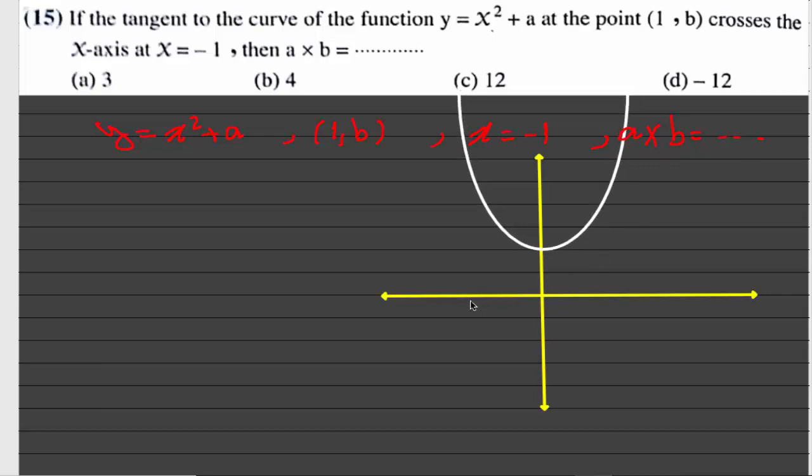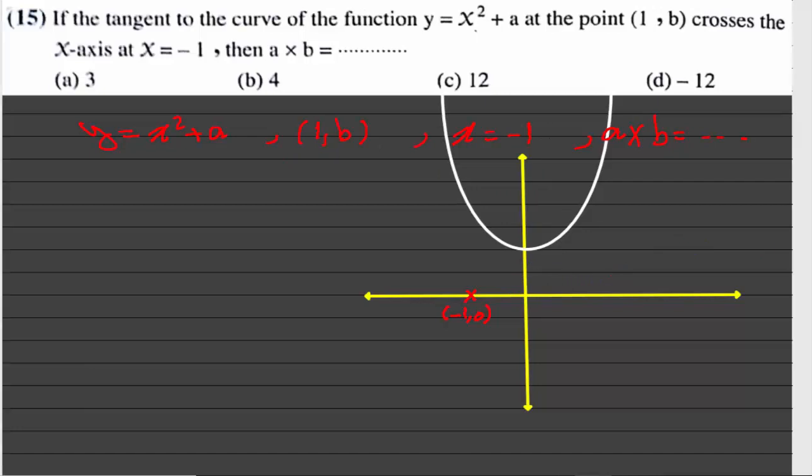It's a quadratic function, and here we have the point (-1, 0). And the tangent passes through another point (1, b).